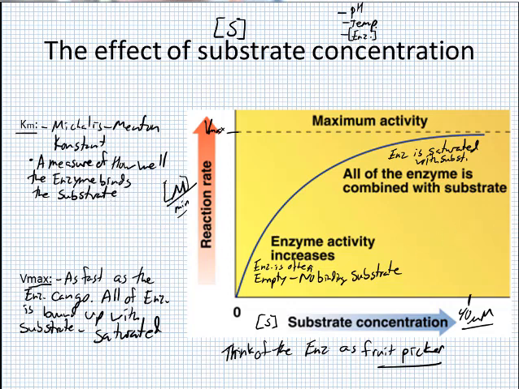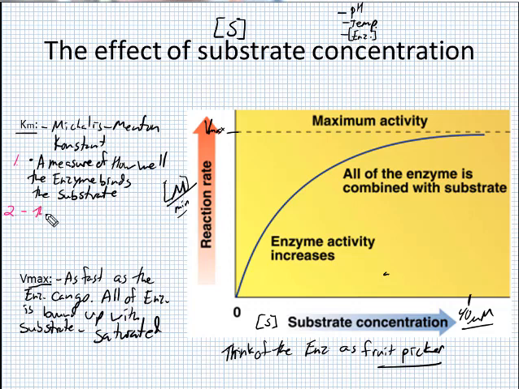Let me erase this a little bit here. In talking about Km, another way to think about Km, which I'll explain, is that Km actually uses units of concentration, so molarity.